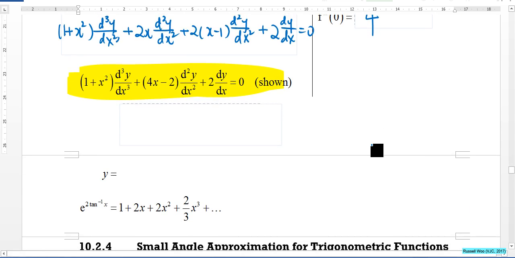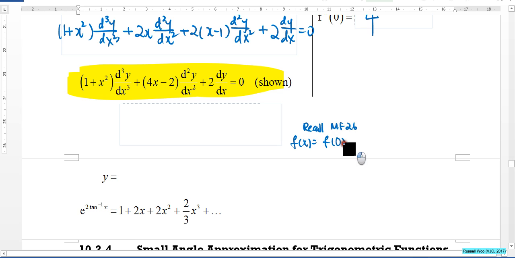So you can answer. Just recall the MF26: f(x) is f(0) plus f prime 0 x plus f double prime 0 over 2 factorial x squared plus f triple prime 0 over 3 factorial x cubed.